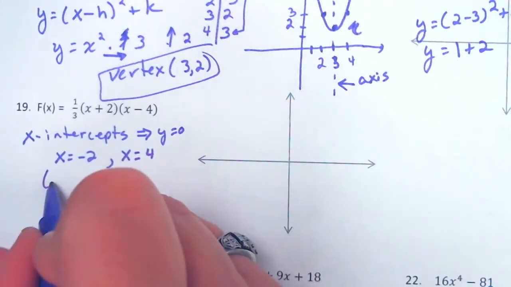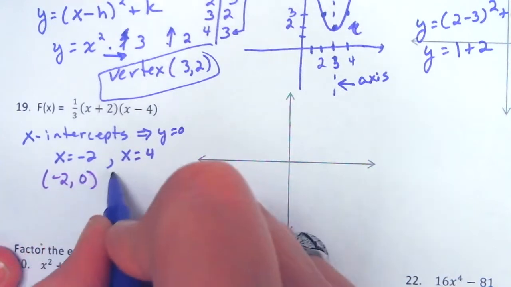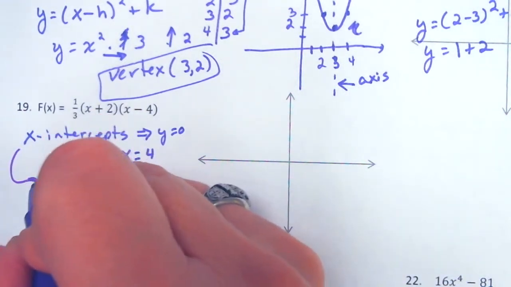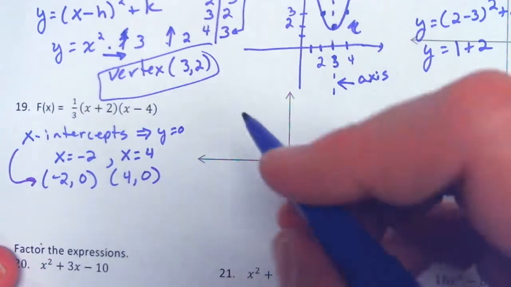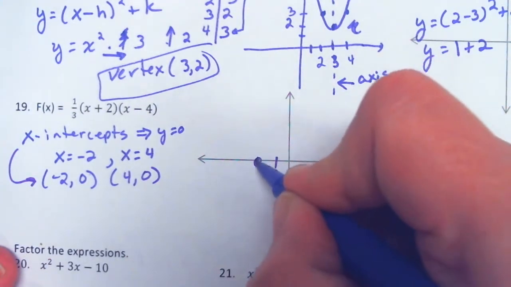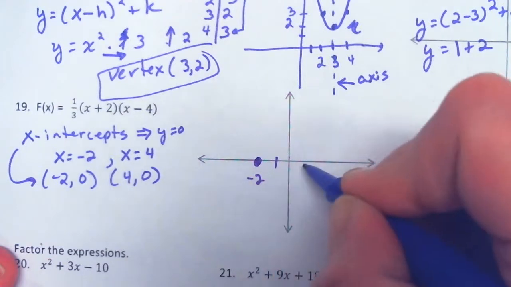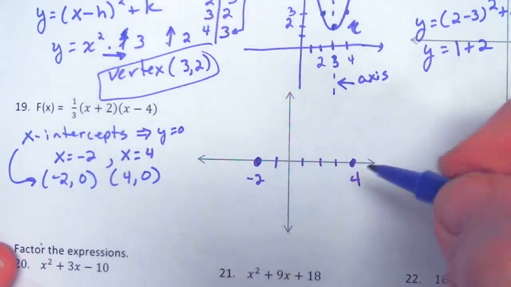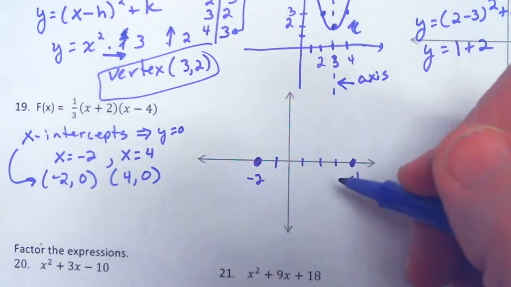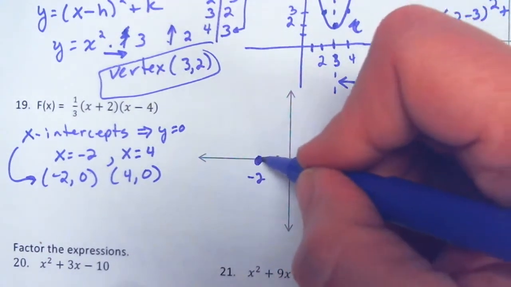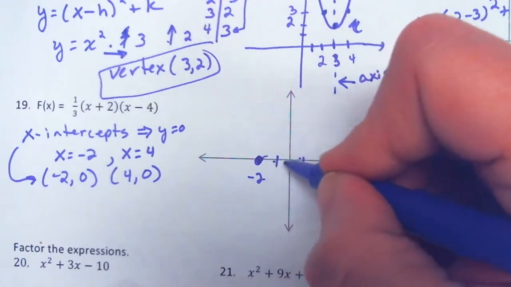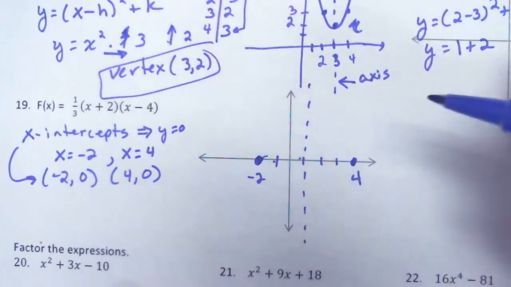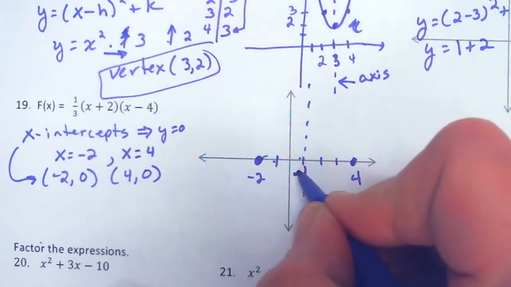So those are my 2 points, negative 2, 0, and 4, 0. Those are the x-intercepts. All right, the axis of symmetry is directly in between those two, so halfway in between. So between negative 2 and 4, directly in between is positive 1.